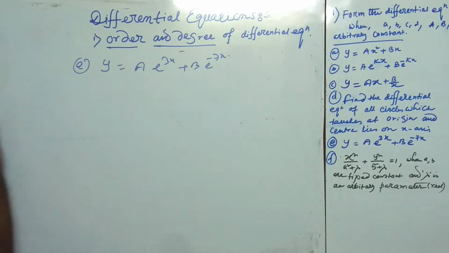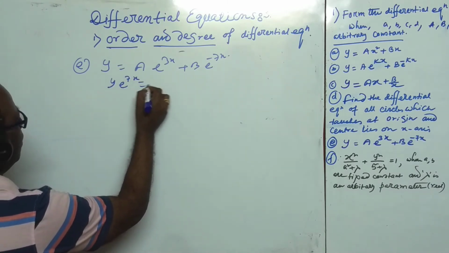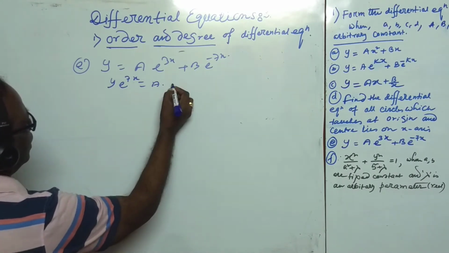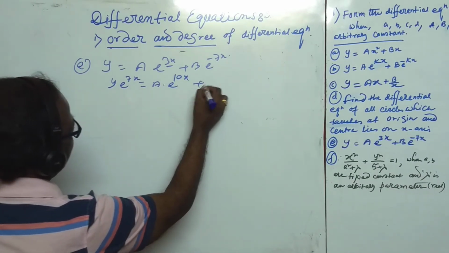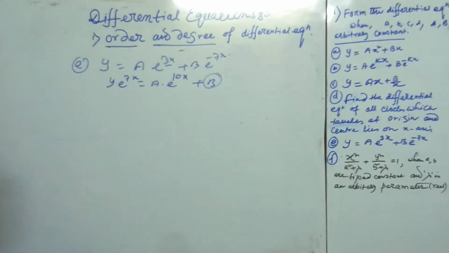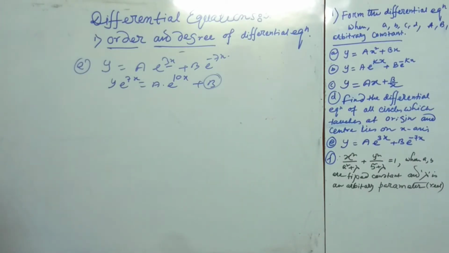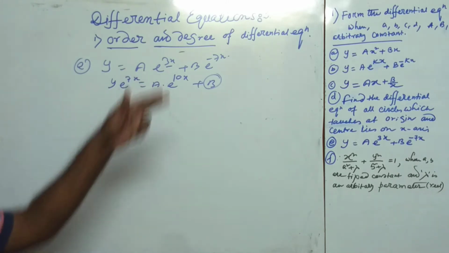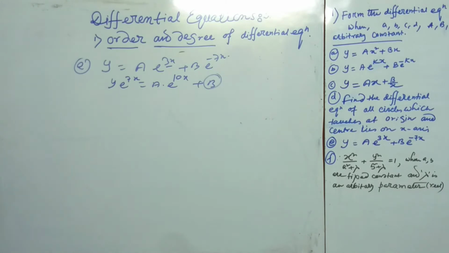Multiply by e to the power plus 7x on both sides. Then it will be simple to solve, and we easily get a e to the power 10x plus b. I always make the arbitrary constant free: because of the minus 7, multiply by e to the power plus 7x, so it is free from x here.